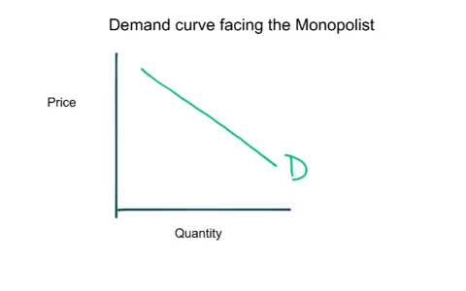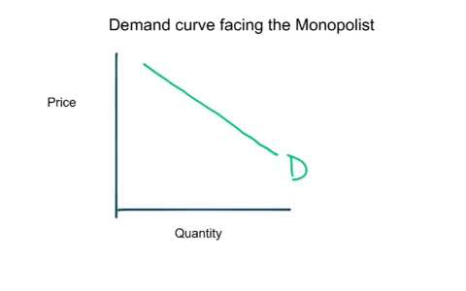Because in the model of a monopoly, the demand curve is also the industry curve, because there is only one firm. So this demand curve looks just like the curve that we were using for the market, because the market demand curve that we see here is the same as the demand curve for the monopolist.